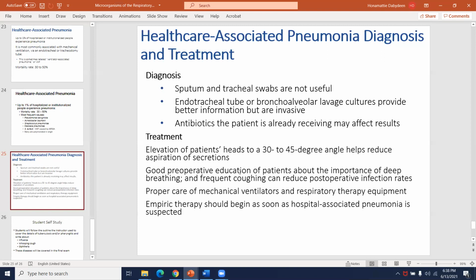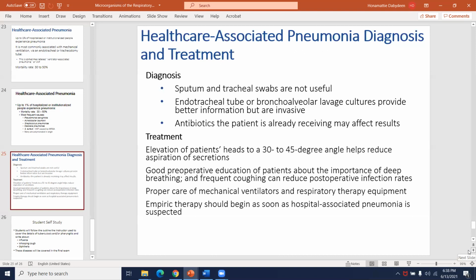And proper care of these ventilators and respiratory equipment becomes very important. Okay, and of course, don't hesitate. As soon as the infection is suspected, you should start treatment right away and try to take care of what's going on with these patients.